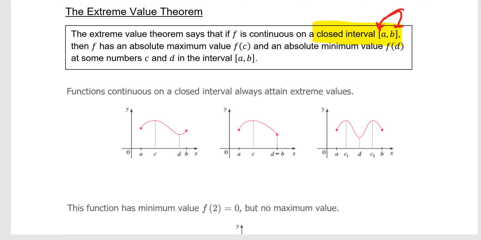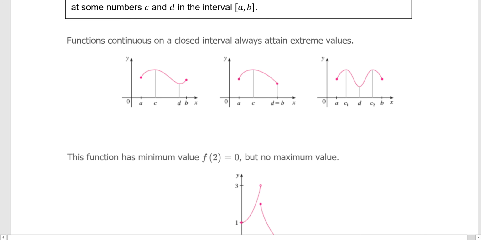If it was an open interval, that means they would have parentheses, meaning the endpoints are not included. Okay, so if f is continuous on a closed interval a to b, then f has to have an absolute maximum and an absolute minimum value at some numbers in the interval a to b. Once again, that's because this is continuous and it is a closed interval.